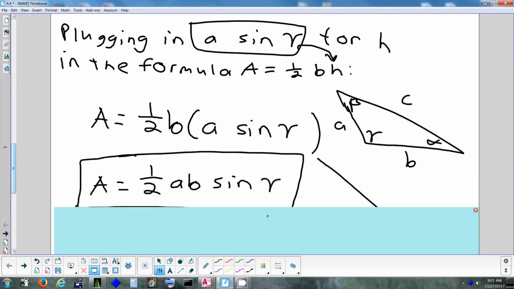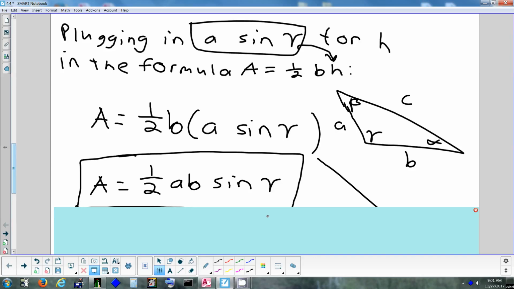Okay, so look at that formula. Look at the two sides you're using, A and B. Look at the angle you're using, gamma. Where is gamma in that triangle compared to the two sides, A and B? Anybody?